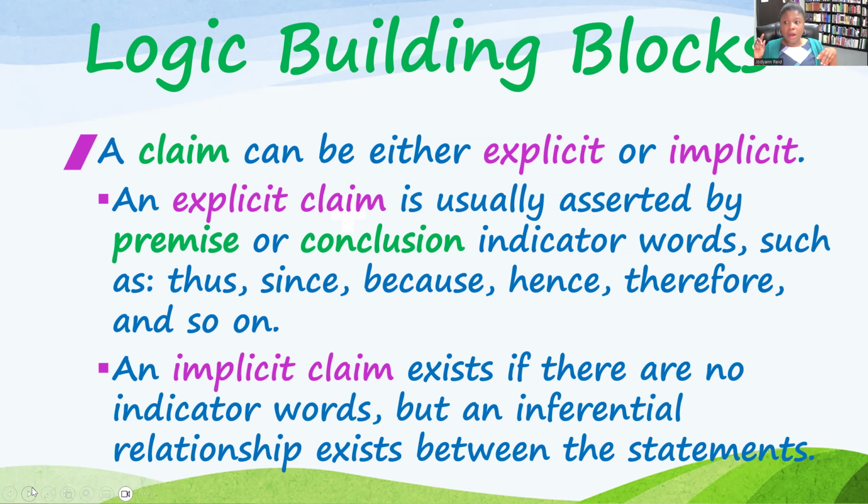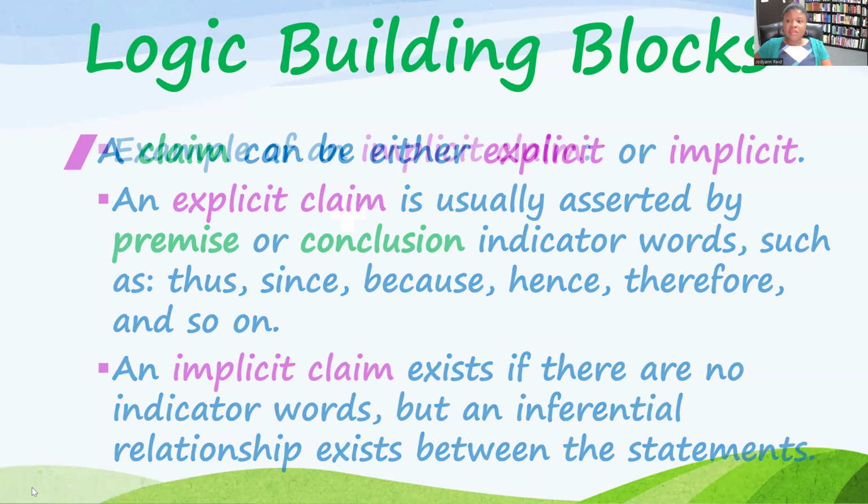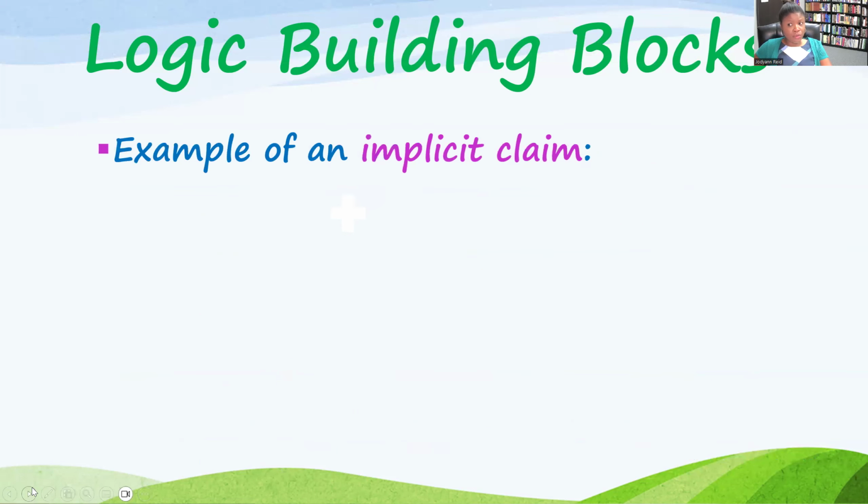Not all arguments, or not all passages, are going to have indicator words. But the fact that there are no indicator words doesn't mean that it's not an argument. There might be an implicit claim. So an implicit claim exists if there are no indicator words, but there is an inferential relationship between the sentences. The sentences are connected, but there are no indicator words.